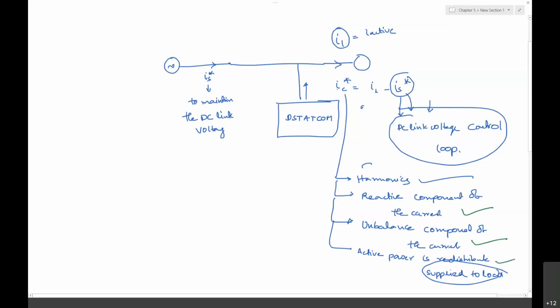When you look into this equation, if you think that the DSTATCOM is supplying the active power current required by the load, then the DC link voltage is going to decrease. Suppose you charge a capacitor directly from an AC supply. Once it is charged, how do we discharge the capacitor?